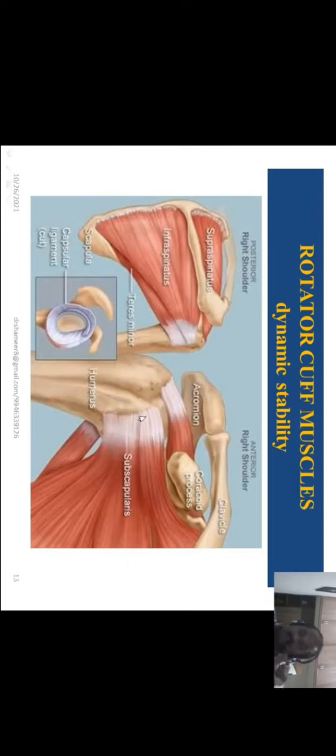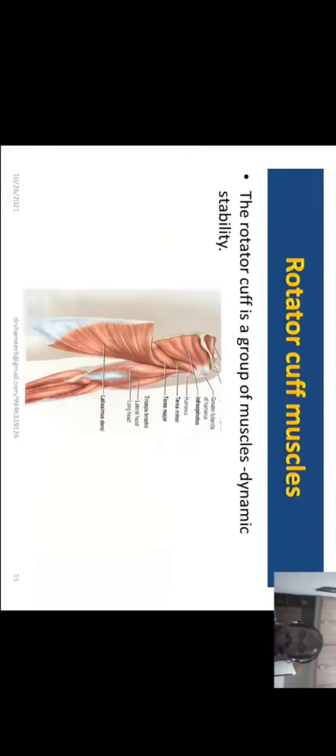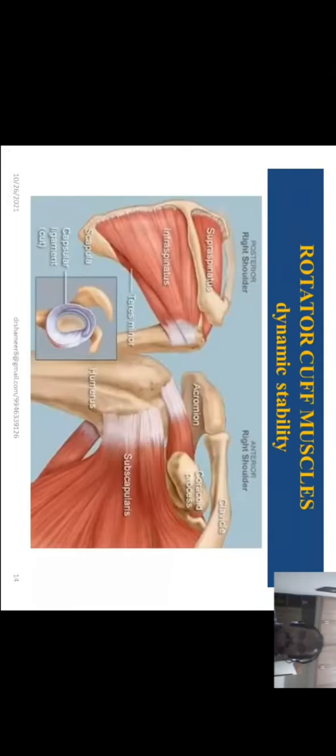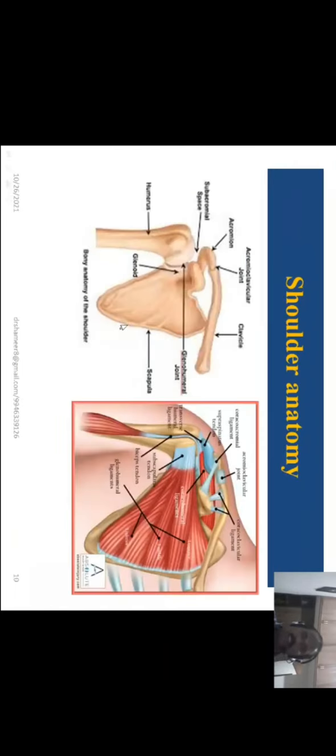So the attachment and origin are very important for assessing the movements of the shoulder. Considering the supraspinatus, we can see this is the shoulder joint, and I will show you. Okay, we can see this is the supraspinatus muscle, the red one.